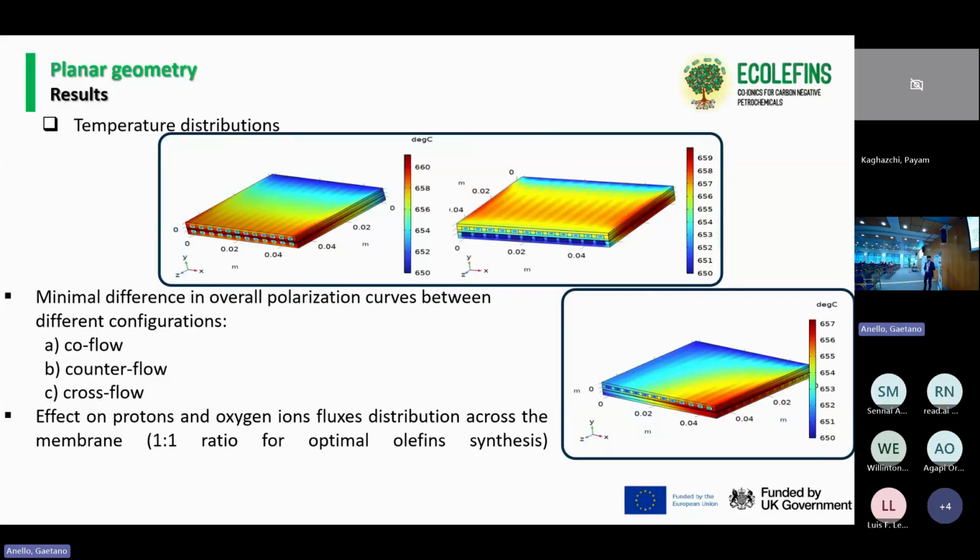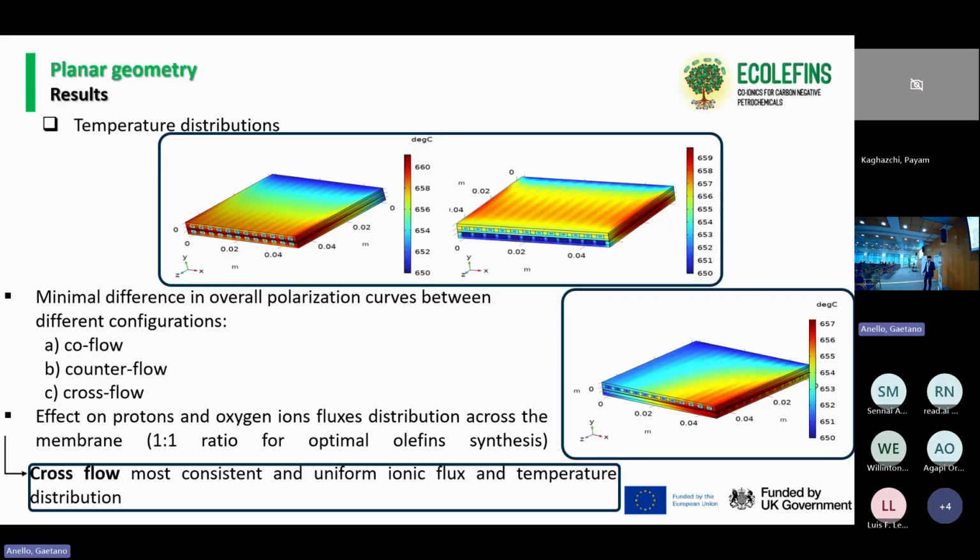So we can perform different configurations in counter and cross flow to minimize the temperature gradient, which could also break the cells, which are not that resistant, obviously, in terms of 1 megapascal which they can survive. They're usually characterized by a fracture toughness of 0.4 megapascal per square meter. And for electrolysis, we found that cross flow was actually the best in terms of gradient variation.